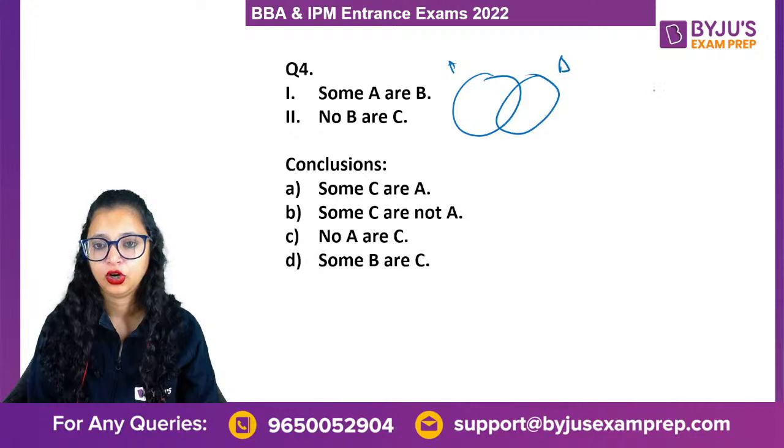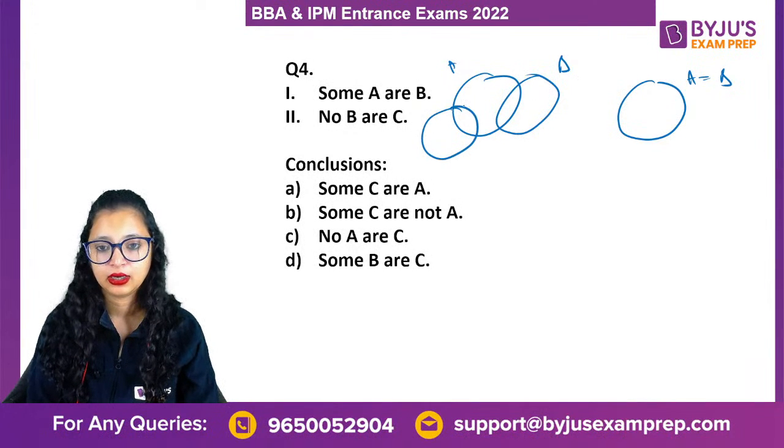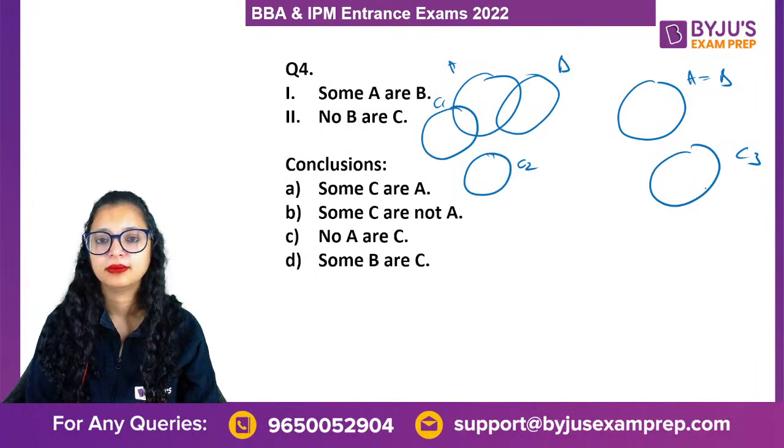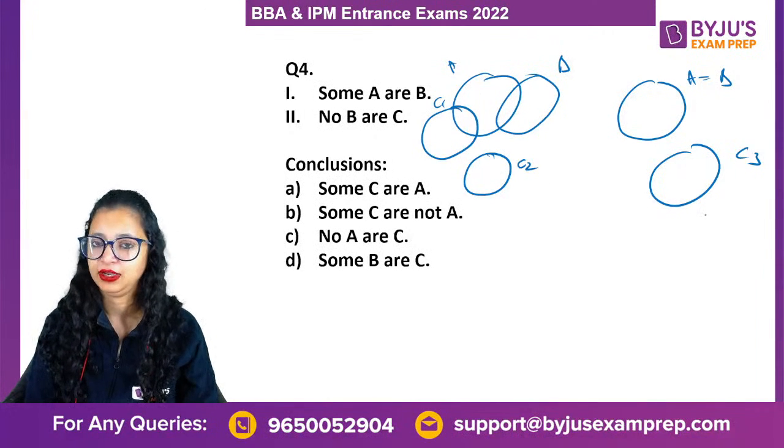Some A or B, some A or B. No B or C. No B or C, again. C1, C2, C3. In all the three cases of C, no B or C is valid.